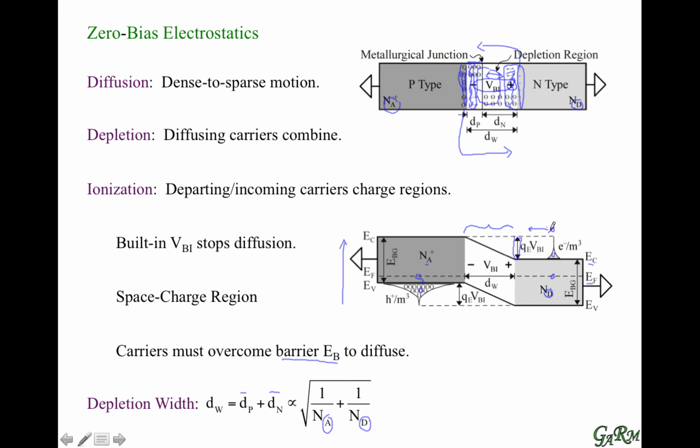So there's nothing here. But as we go below the barrier, then we start seeing more and more electrons. And similarly here, we have holes that need to overcome a barrier to actually cross the junction.